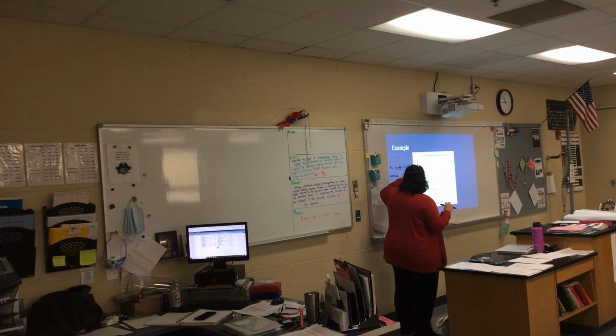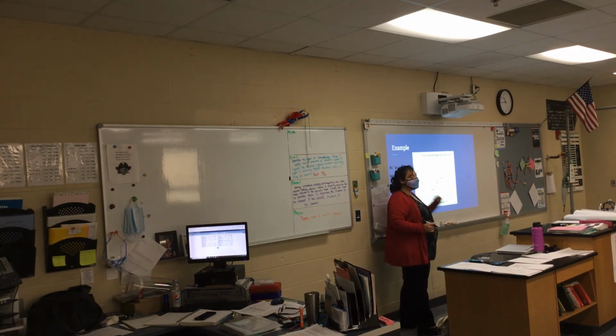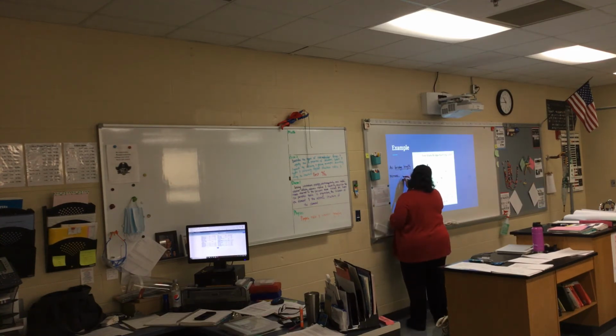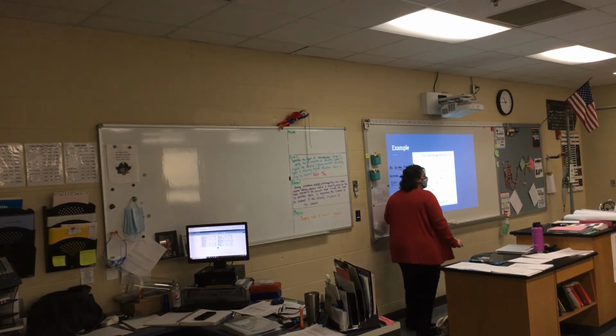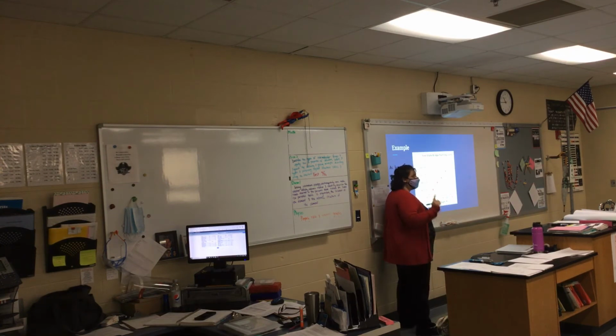So as bridge length increases, comma. Now we're gonna fill in our dependent variable. What is our dependent variable? Painting cost. What does it do? It increases.